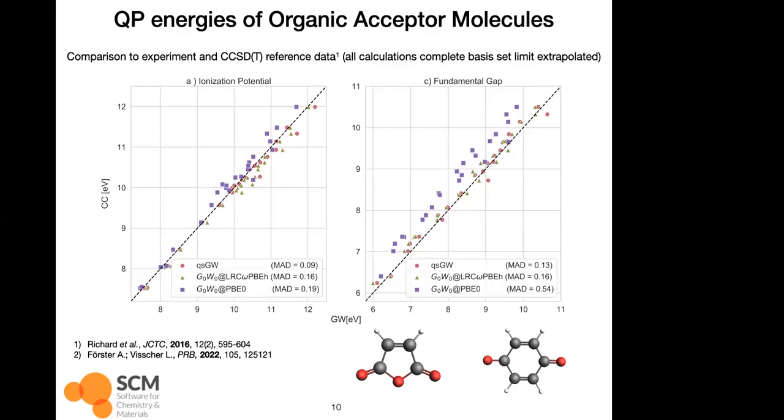But you see that quasi-particle self-consistent GW gives you a mean absolute deviation of only 0.09, so 0.1 eV. That's great, and it also gives you great fundamental gaps. And now when you look at G0W0 results based on two different starting points, the @ typically indicates a starting point, you see quite different results.